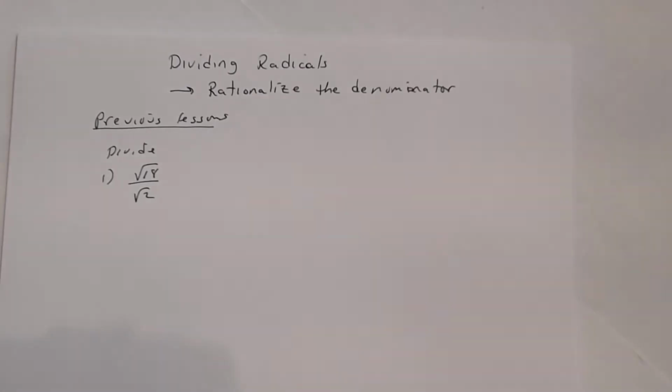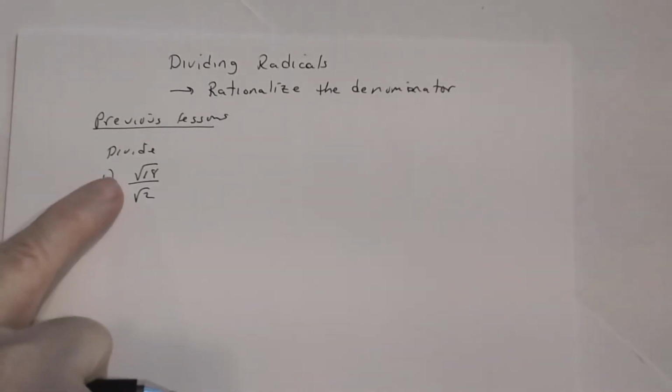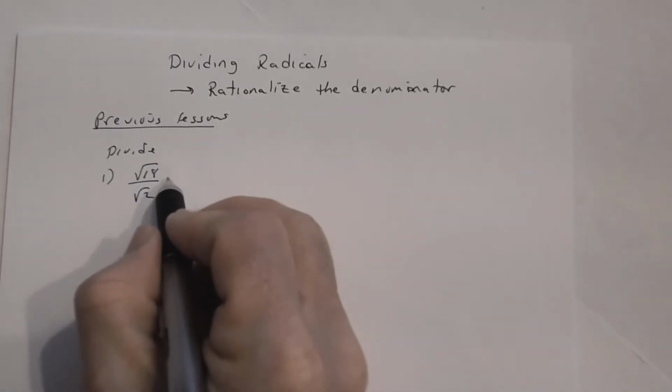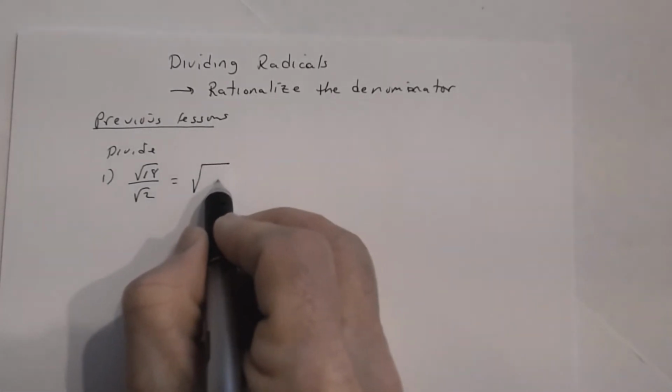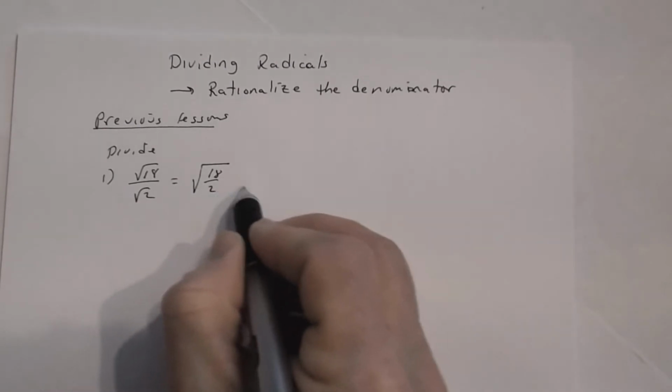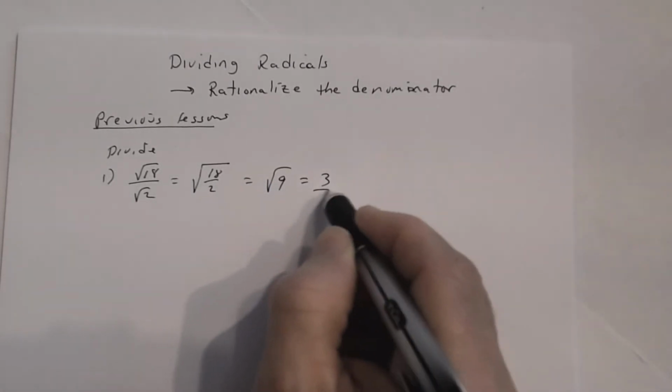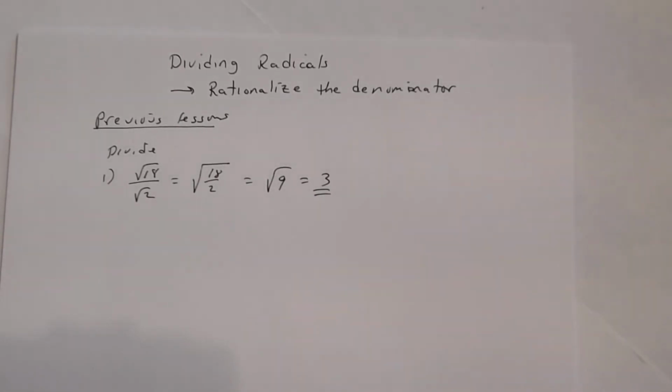Remember, we used the quotient rule, because 18 is divisible by 2. Going directly to the quotient rule helps tremendously, because 18 divided by 2 is 9, and then I get the square root of 9, which is just 3.